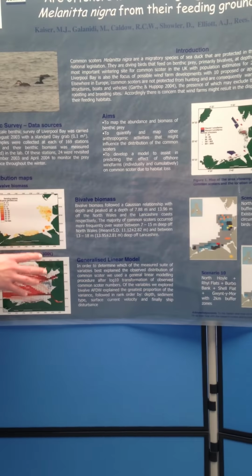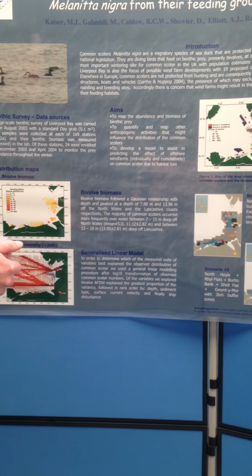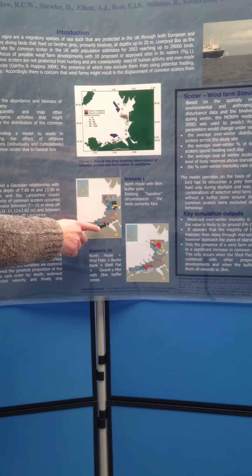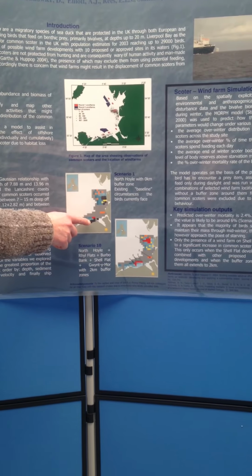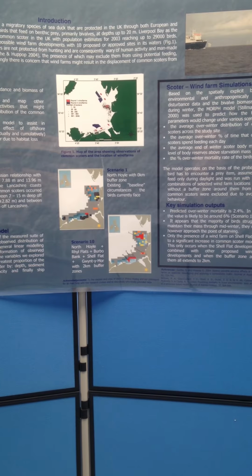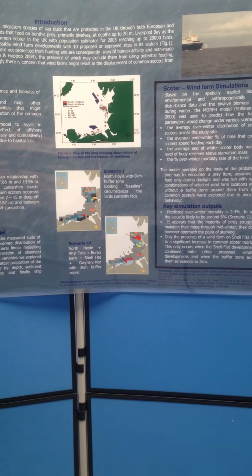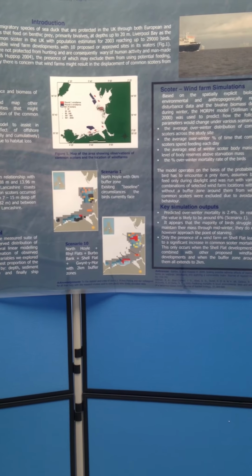So, understanding these parameters, we were then able to input these into a behavioural model, and the model basically modelled the behavioural responses of the birds in response to the different environmental parameters that were important for them. So in other words, in relation to the concentration of prey types and in relation to the disturbance created by marine traffic.